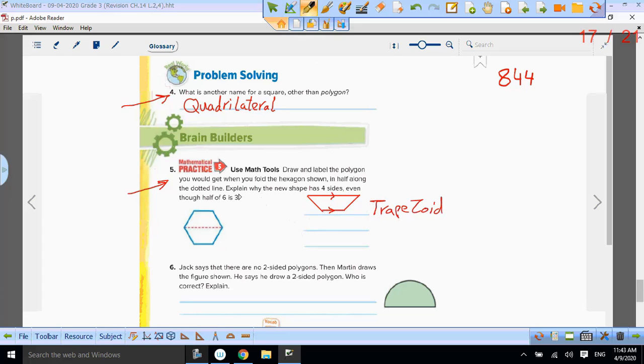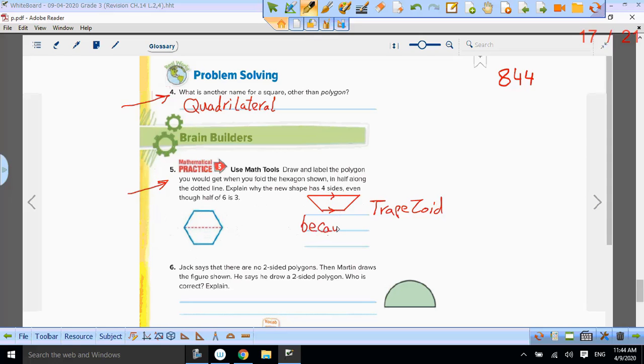Okay. Explain why the new shape has 4 sides, even though half of 6 is 3. This shape is half of this shape, yes, but this shape has 6 sides, and this one has 4 sides. Why?